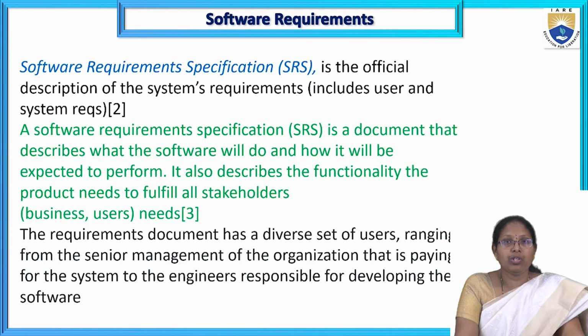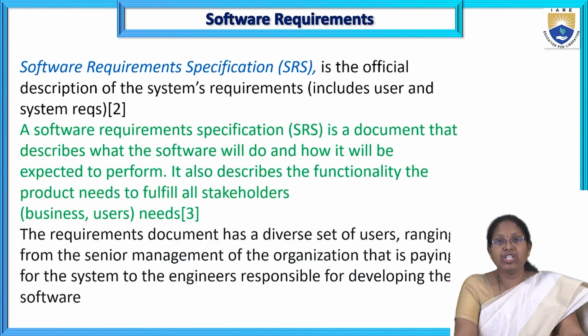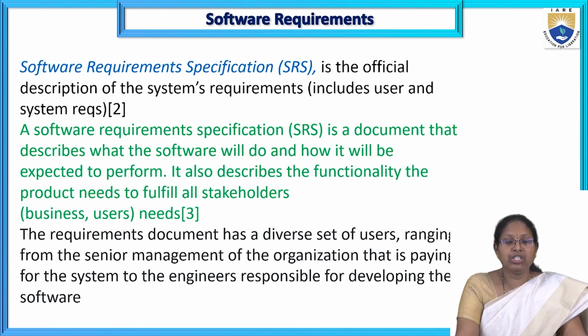Okay. So the software requirement specification is an official description of a system's requirements. Once the requirements are gathered, negotiated, and analyzed, finally they are put in the form of documentation in the software requirement specification.